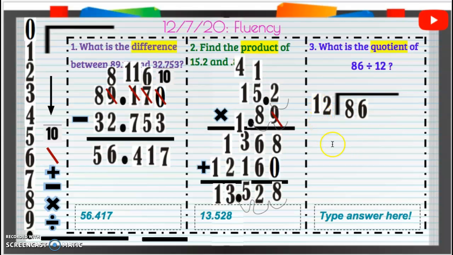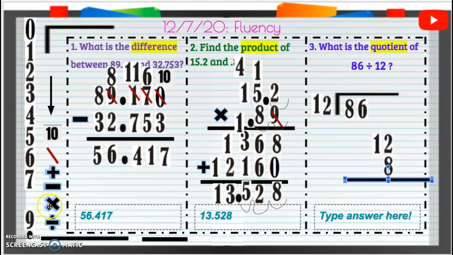12 times 7, let's see. So some of us might not know. What we can do is guess and check. So I know that 12 times 6 is going to be 72, so it's going to have to be more than 6. Let's try 8. So let's do 12 times 8.